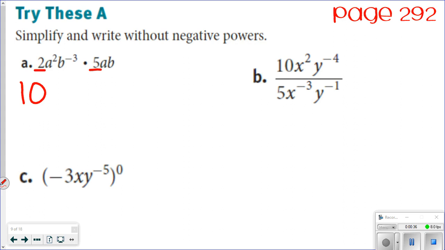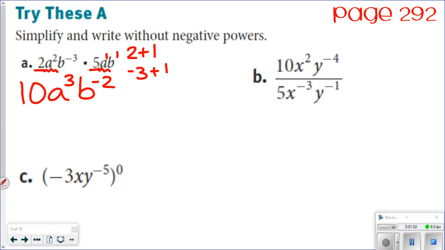Then I'm going to look at my next base, which is the A, and I have A squared plus A to the first power, so 2 plus 1 gives me 3. And then I have B, negative 3 plus 1 is negative 2.